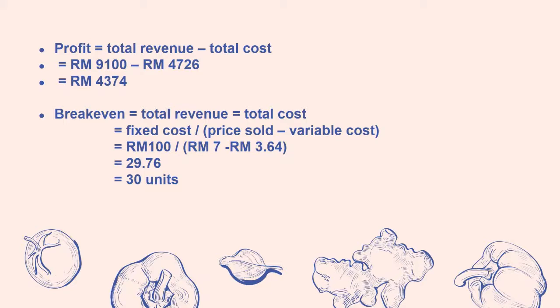We calculate the break even, and we get 30 units. The calculation shows that if the sales are below 30 units, the restaurant will operate at a loss. However, if the company sells more than 30 units, it will be profitable.